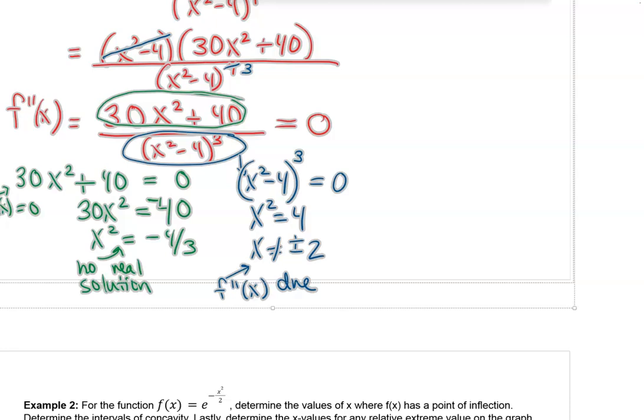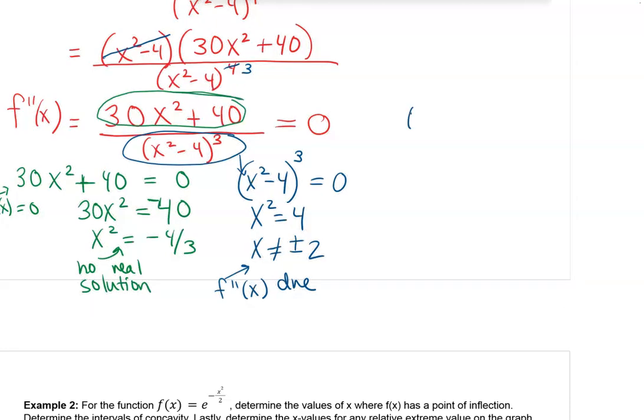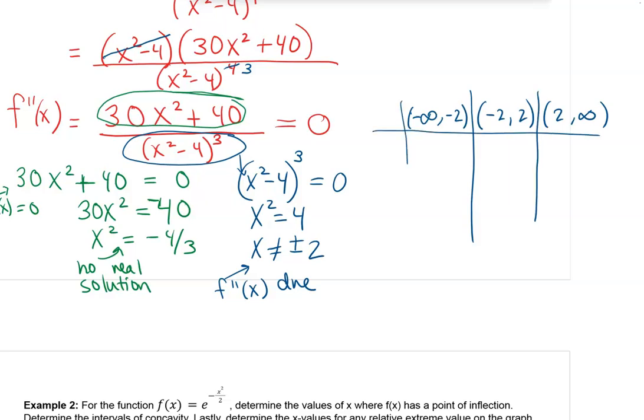So I'm going to set up a sign chart going from negative infinity to negative 2, then from negative 2 to 2, and then from 2 to infinity. And I'm just checking the sign of the second derivative. And then that will help me determine the concavity of f. So I'm going to test something to the left of negative 2, so maybe negative 3, and I'm just going to look at my second derivative to decide the sign, right?